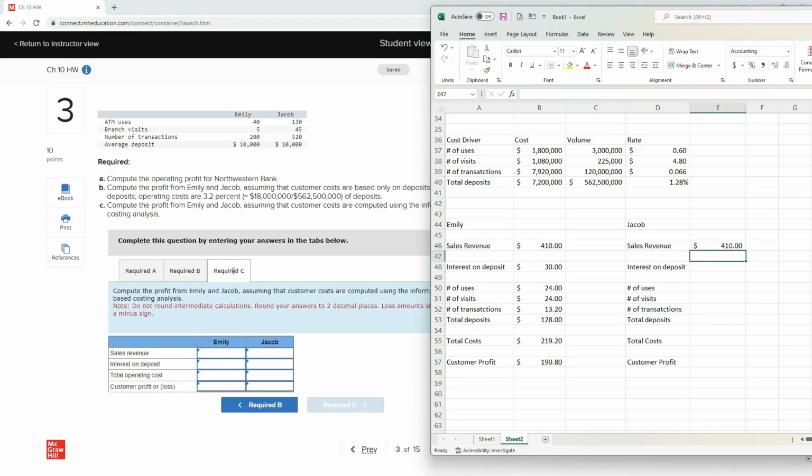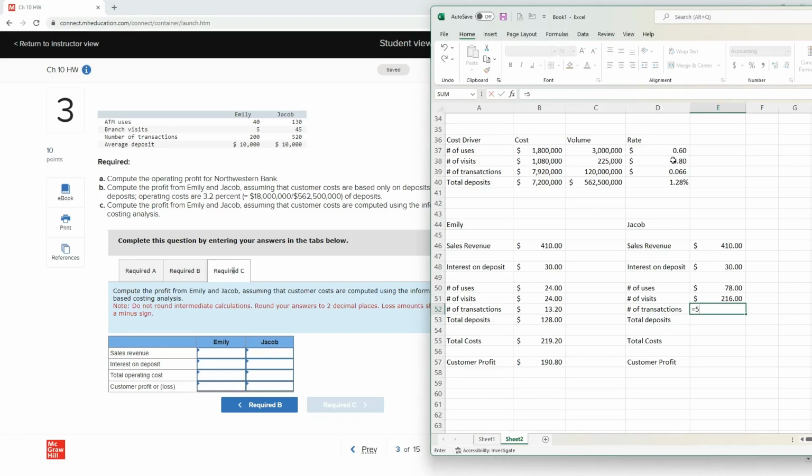Again, the sales revenue from Jacob is going to be the same, $410, and the interest that we pay him is going to be $30. So those amounts are the same. Now for number of uses, it tells us that he used the ATM 130 times 60 cents, so that's $78. Number of visits, he visited the branch 45 times.